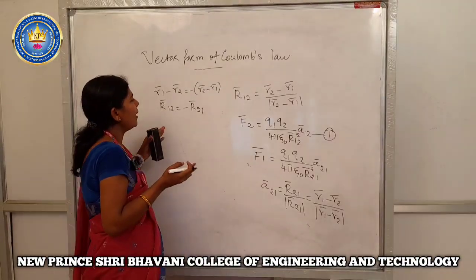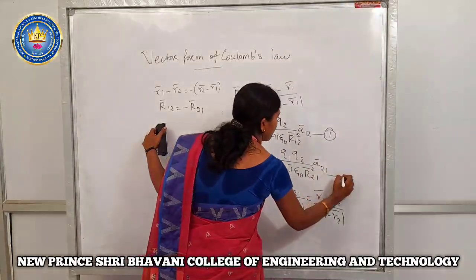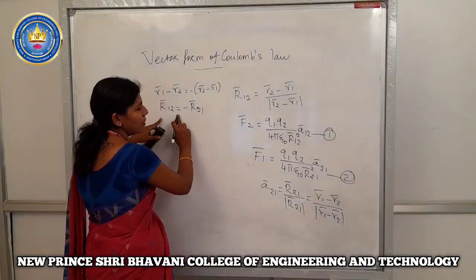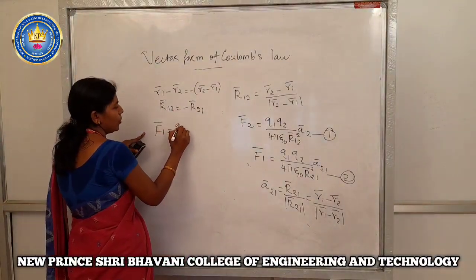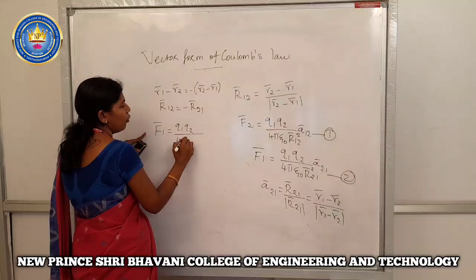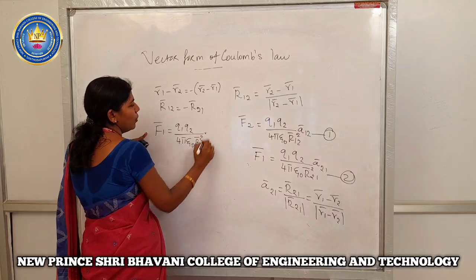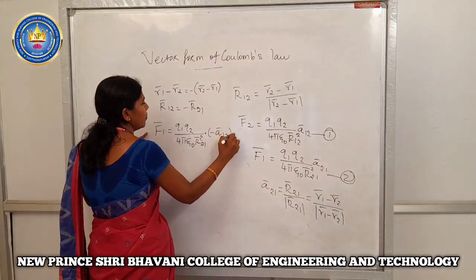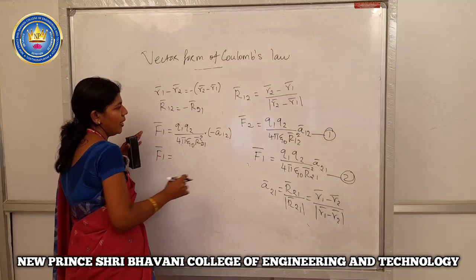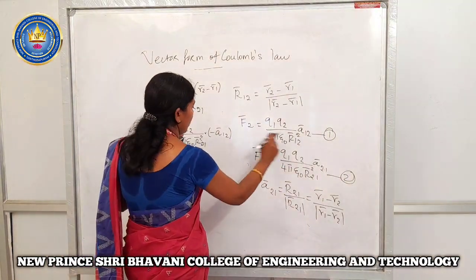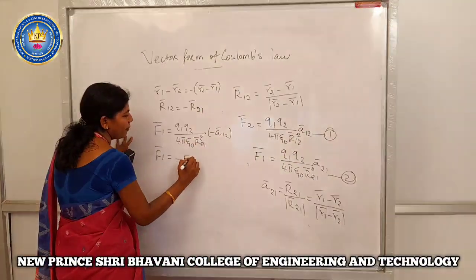Just applying this on equation number 2, consider F1 bar. On substituting this into the equation, it becomes F1 bar is equal to q1 q2 divided by 4 pi epsilon naught r bar squared 2 1 into minus of a bar 1 2. Now referring to the F2 bar equation, equation number 1, this becomes minus of F2 bar.